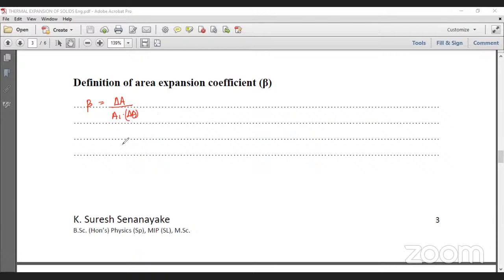At this point you can say that if the temperature of the object increases by 1 Celsius degree, the increase in area per 1 square meter is called beta. You can write it that way.